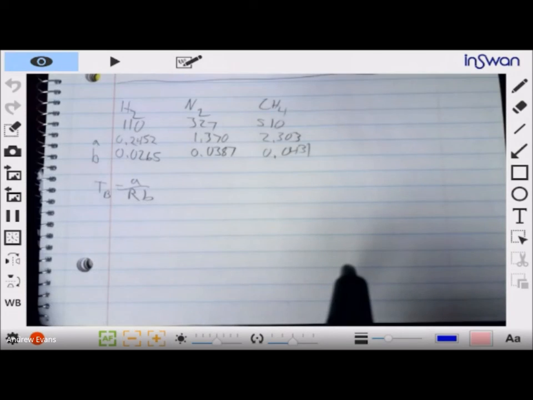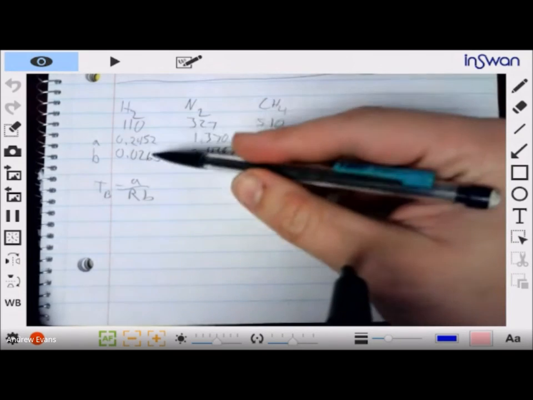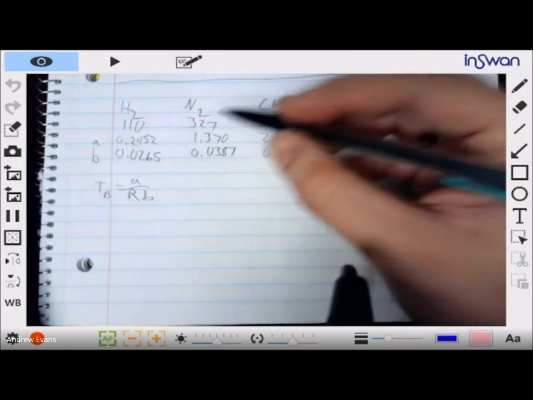The last problem involves looking at the boil temperatures of three gases and comparing them to the calculated boil temperatures. To calculate the boil temperature, you would take the A parameter divided by R times the B parameter.